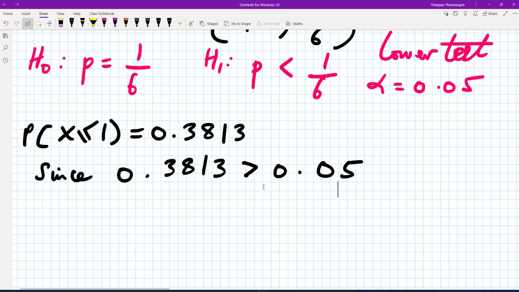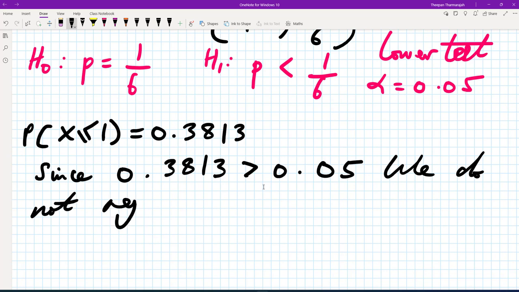So we say since 0.3813 is strictly greater than 0.05, we do not reject H0.